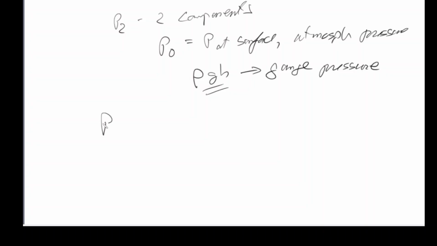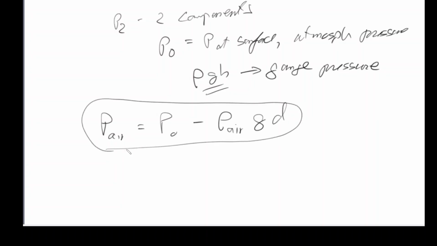In this case, the pressure in air is equal to your pressure at the lower surface, which we assume would be at the level of the ocean, minus the density of the air times g times d, where d is the height up the mountain. So this is the equation for your total or absolute pressure as you go up in elevation in the air.